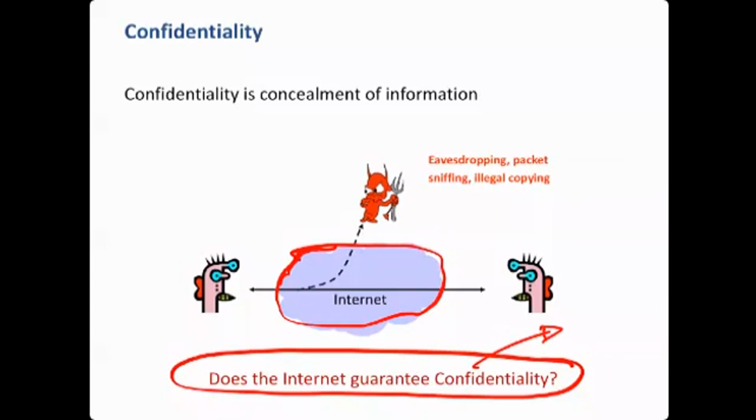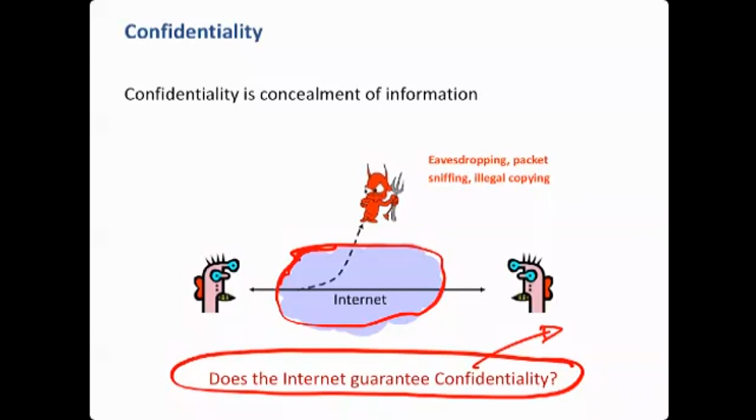Yes, very good. The internet says, my responsibility is, I will do best effort service. Give me an IP packet, I will try to send it to the other end. That's it. Nothing more than that. It does not give you any guarantee whether your packet will reach the other end or your packet will not be seen by anybody else. Then whose responsibility is it to provide confidentiality?